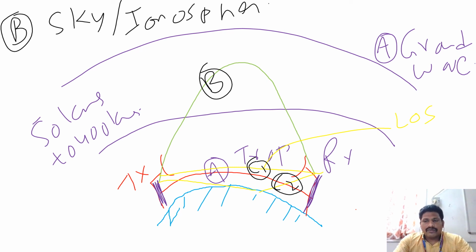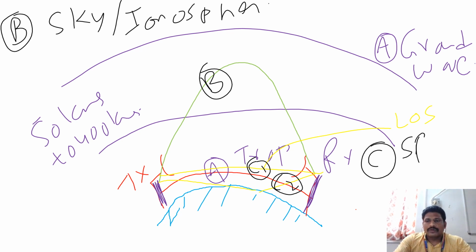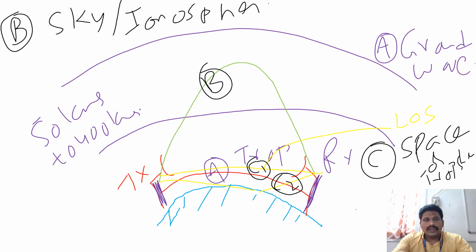This is how different signals travel from the transmitter to the receiver using these three modes. The third mode is space wave or troposphere wave propagation. So these are the three modes.